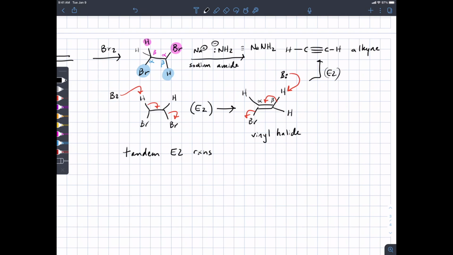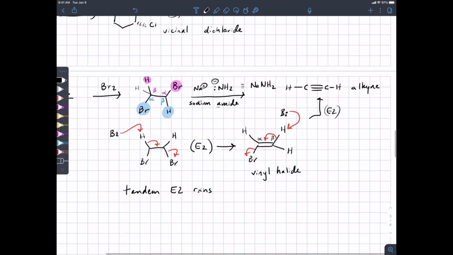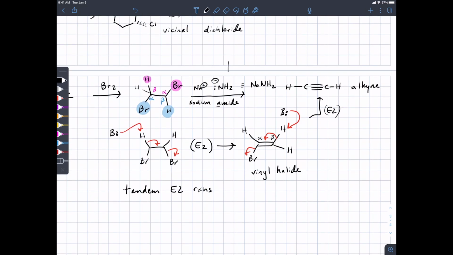And remember, the negatively charged NH2 amide is a very strong base. And the reason for this is its conjugate acid, ammonia, has a pKa of around 38. So this is on the really, really stronger side of bases.